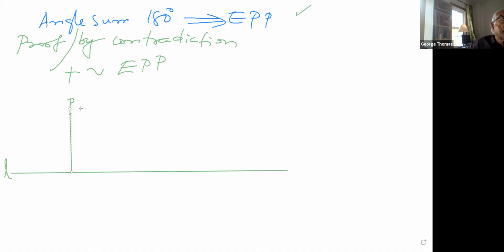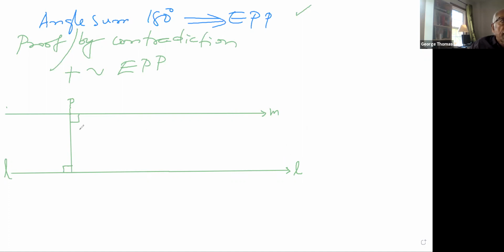One way to construct a parallel is with this construction that we have done before. If we make this angle 90 degrees and this angle 90 degrees, then is this line M parallel to L now?